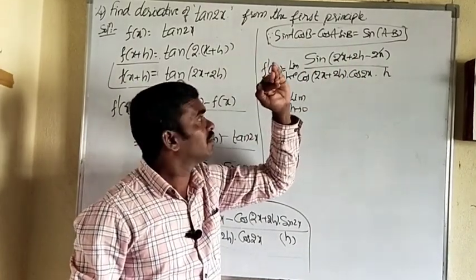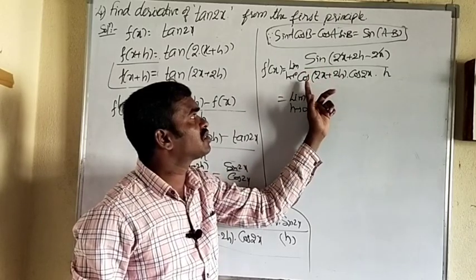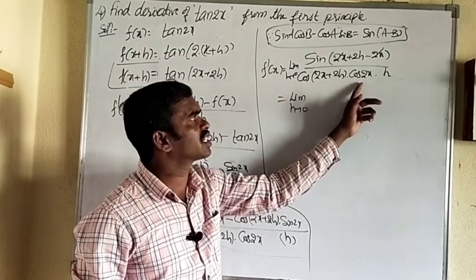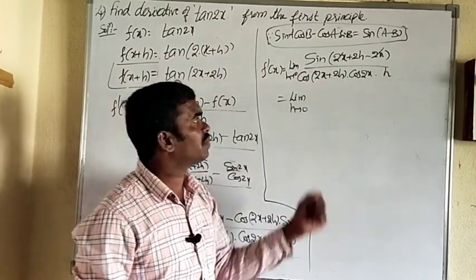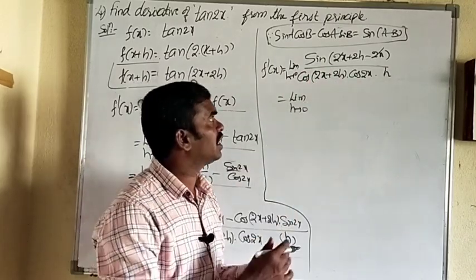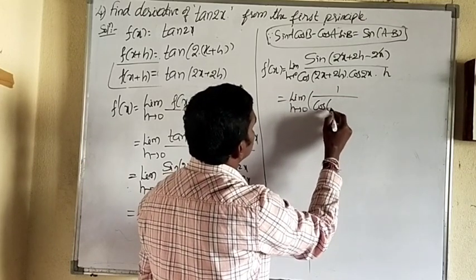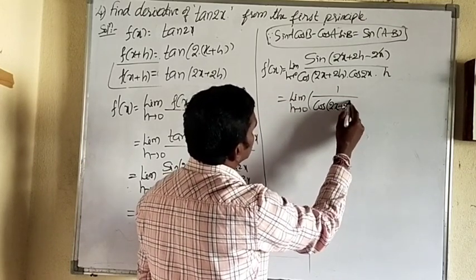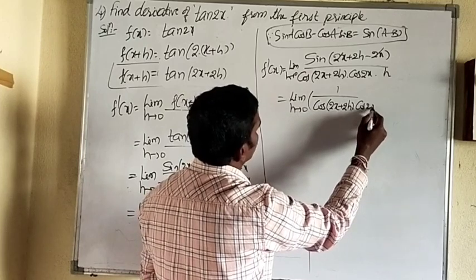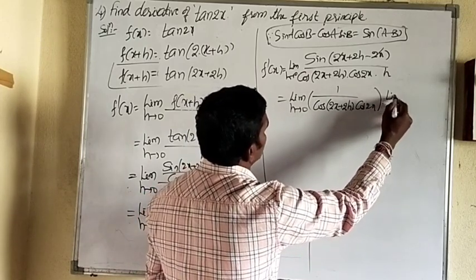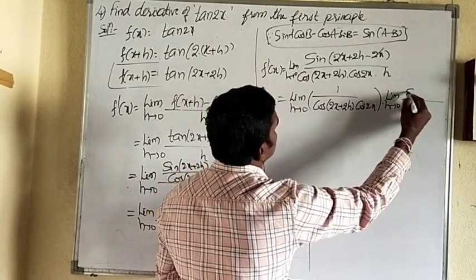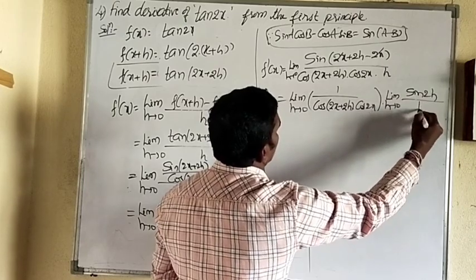The denominator is cos of 2x plus 2h into cos 2x into h. So I am splitting into two functions. One is 1 by cos of 2x plus 2h into cos 2x, and another one is limit h tends to 0 of sin 2h by h.